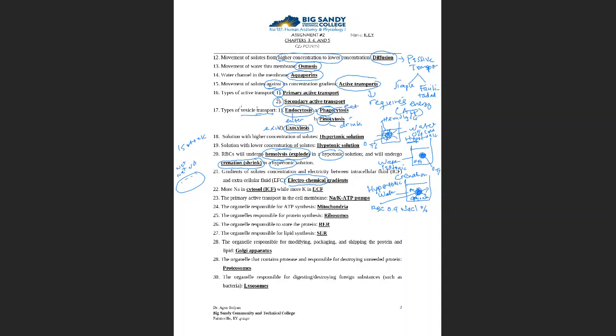Inside the cell is negative. So that's what we call the electrogradient. And also there is more glucose outside the cell, more amino acid outside the cell. And this is what we call the chemical gradients. So if we combine both of them, it's called the electrochemical gradients between outside and inside the cell.